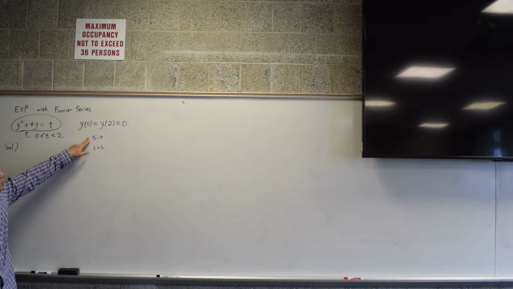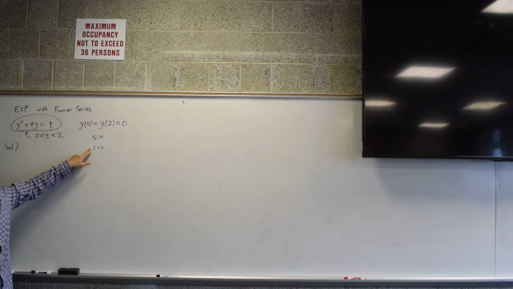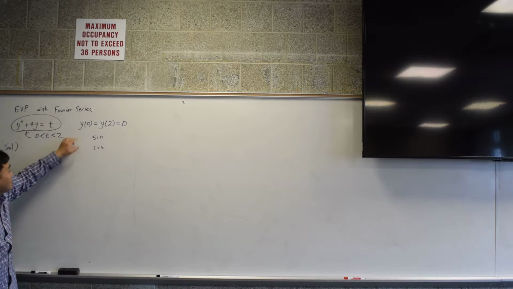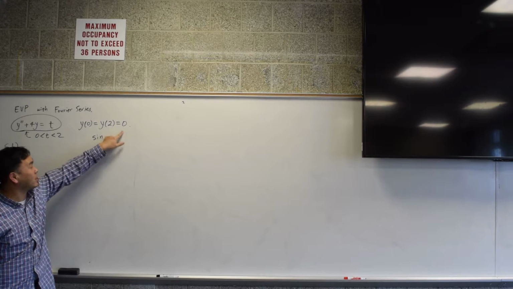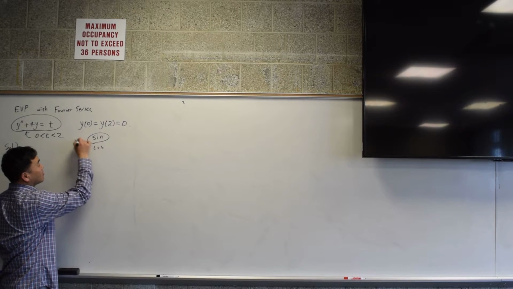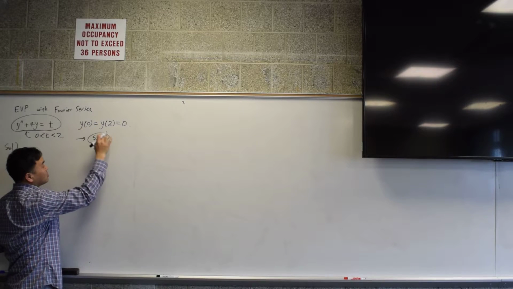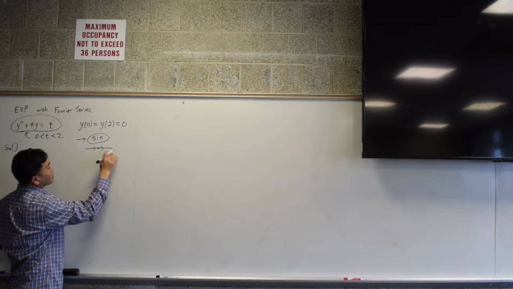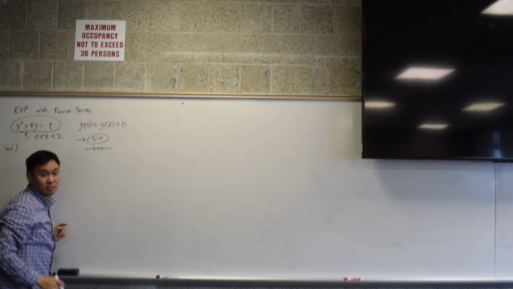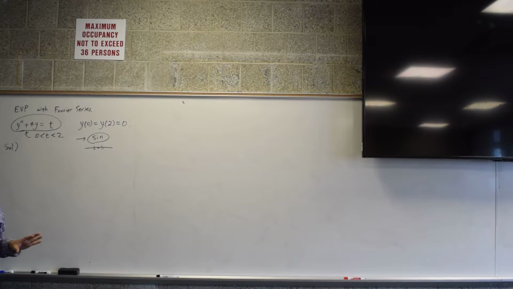Because sine of 0 is 0, whereas cosine of 0 is 1, right? So there are actually two types of problems of this type. You are sometimes given that the value is 0. In that case, you choose sine. When the value is 0, you choose sine. You use the cosine when the derivative is 0. Okay? So those are the two flavors.